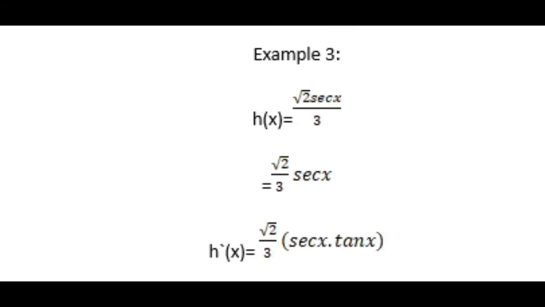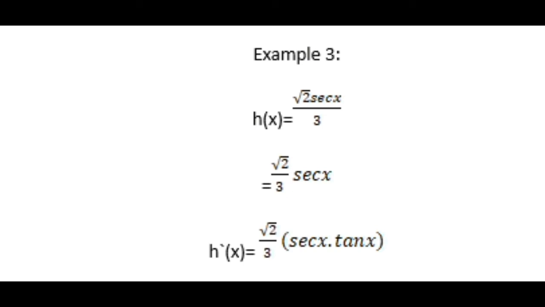Given number 3, h of x is equal to square root of 2 secant x all over 3. We're going to separate the secant x, so it will become square root of 2 over 3 times secant x.